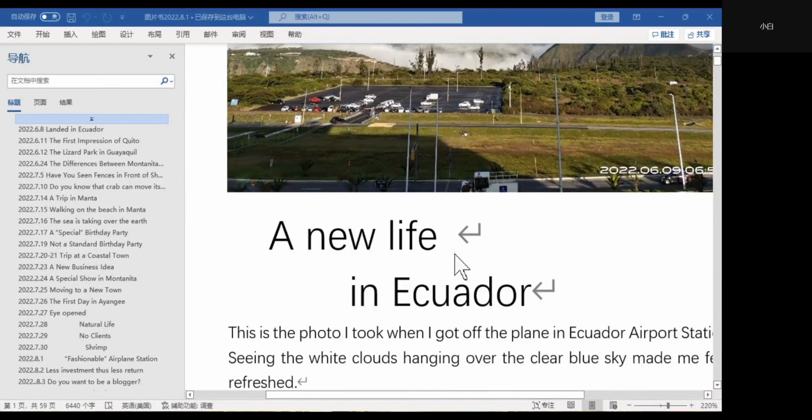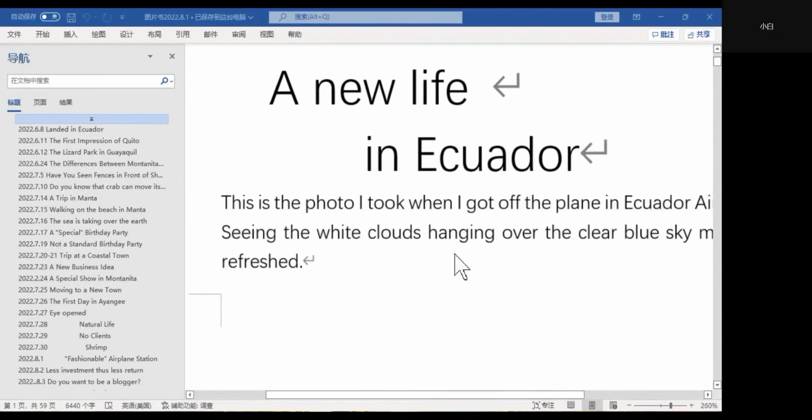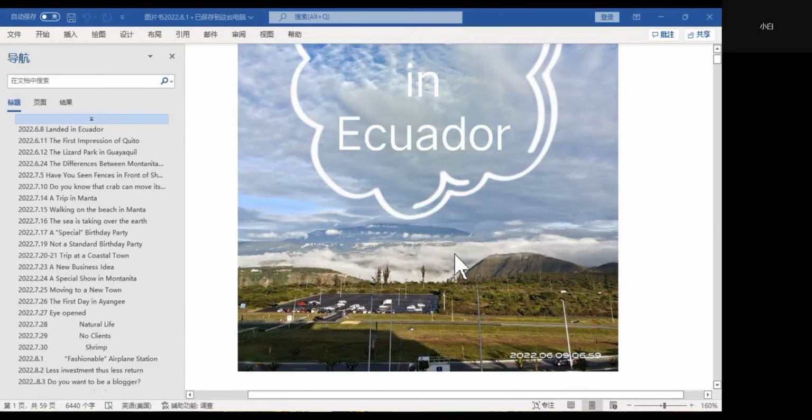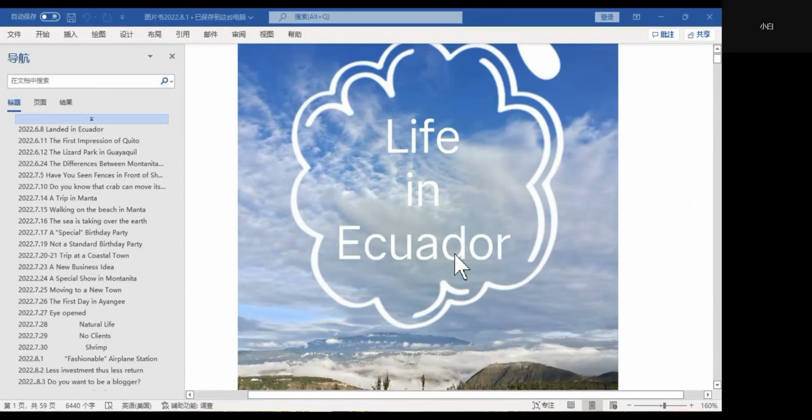And this is a very beautiful picture just because I took it, and now the picture looks smaller. If you have ever been to Ecuador, you will know it's a very pretty country.